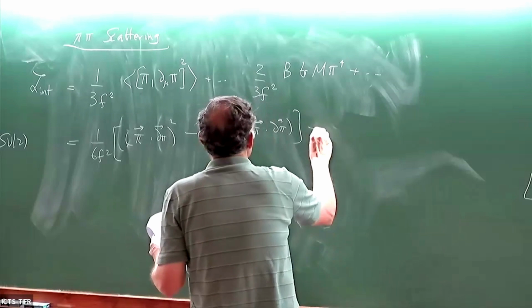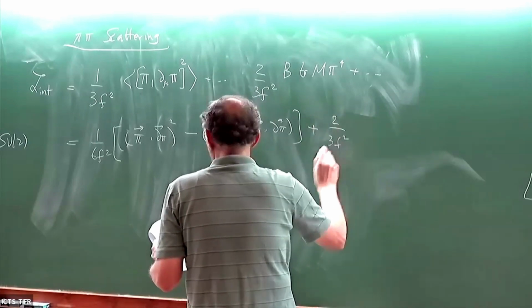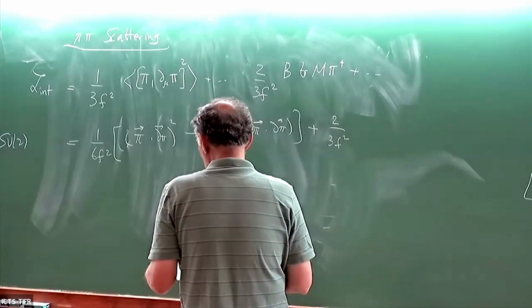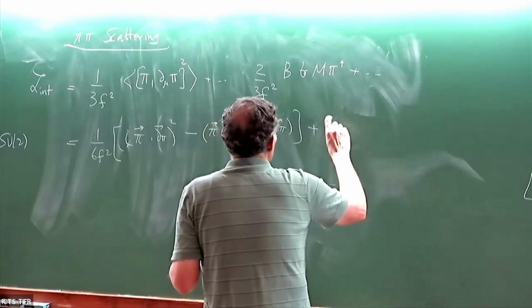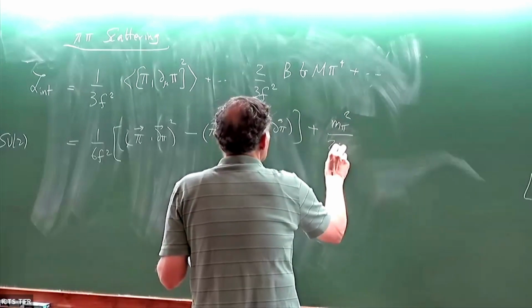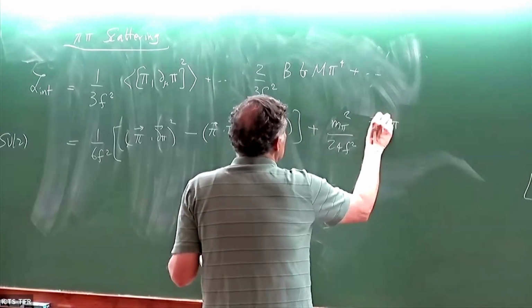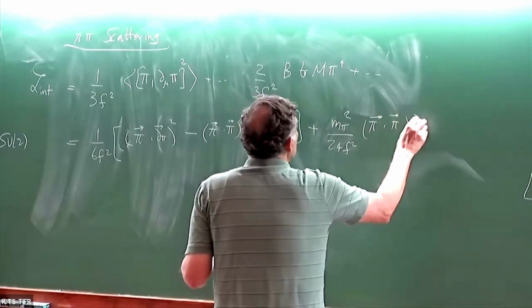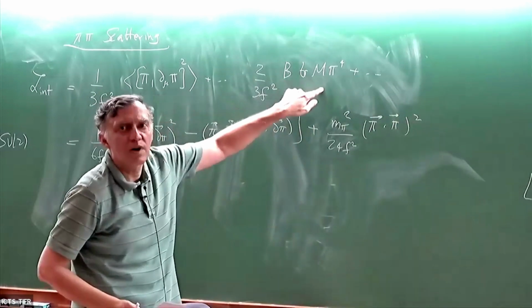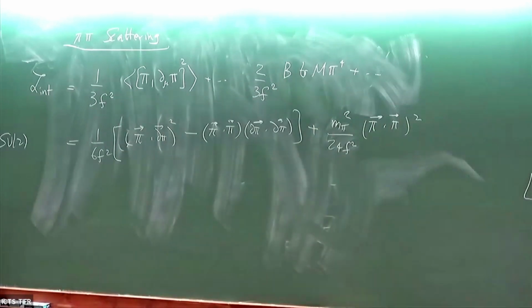plus m pi squared over 24f squared (pi dot pi) squared. Because b times the quark mass, we can use the fact that that's m squared pi, well, m squared pi 0 is b (mu plus md).